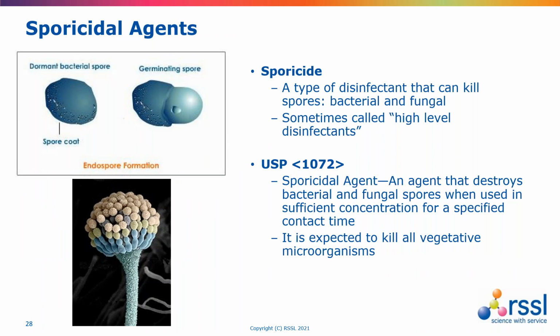So a sporicide is a special type of disinfectant that can kill or inactivate bacterial and fungal spores. And the key variables are concentration and time, as captured in the definition in the United States Pharmacopoeia, Chapter 1072. And because spores are the hardest to kill, by destroying spores, there's also a confidence that vegetative cells are also destroyed.